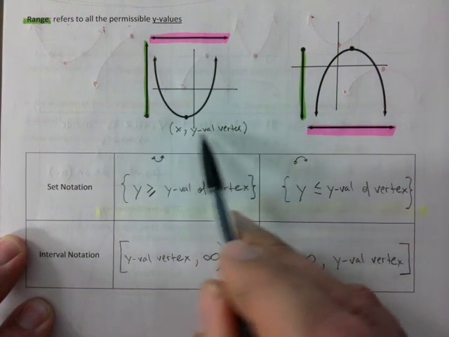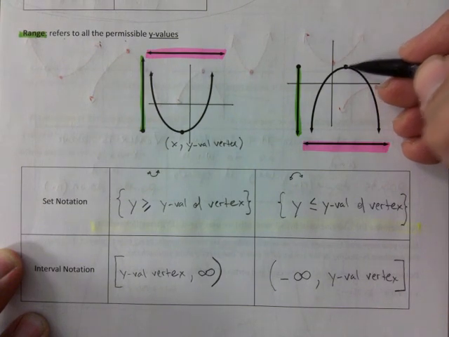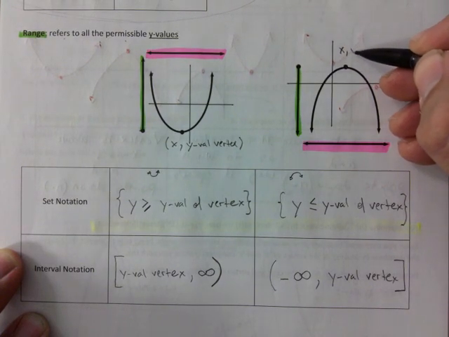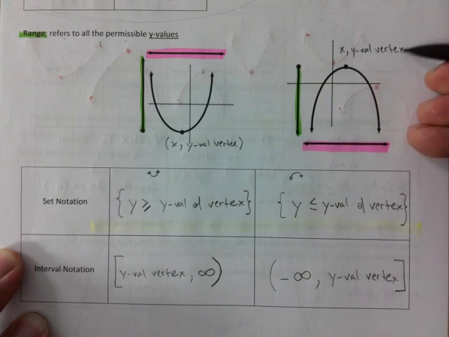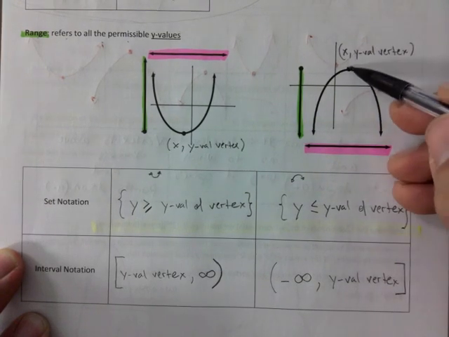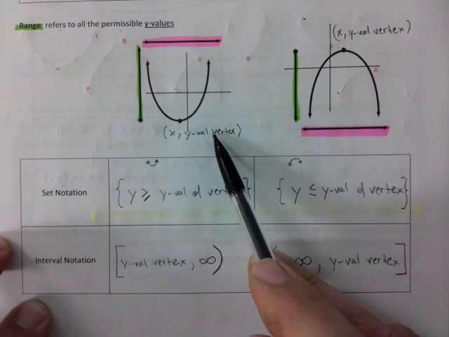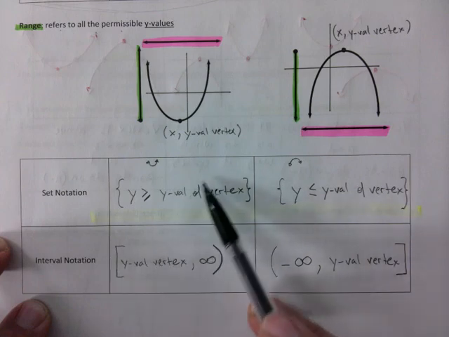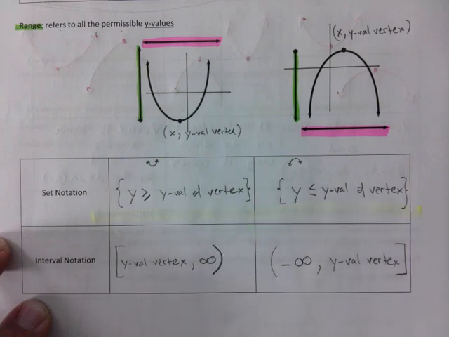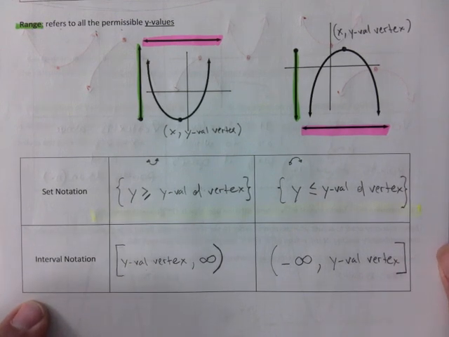Right? So that's the coordinate of this point right here. And up here, you have X and the Y value of vertex. So that's the coordinate of this point right here. So the Y value of the vertex has to be in here in one of the two formats. You choose which one you want to use, by the way. I will never make you do one over the other. So you just choose which one.